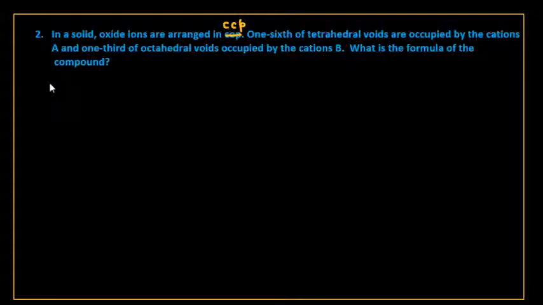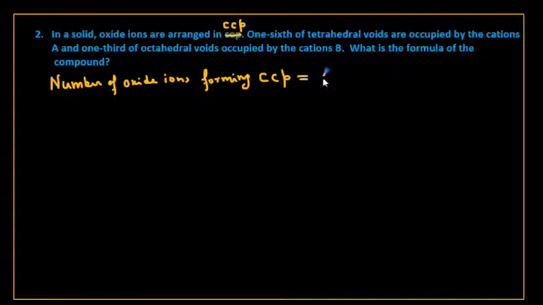So we can write that the number of oxide ions forming CCP is equal to 4. Why?